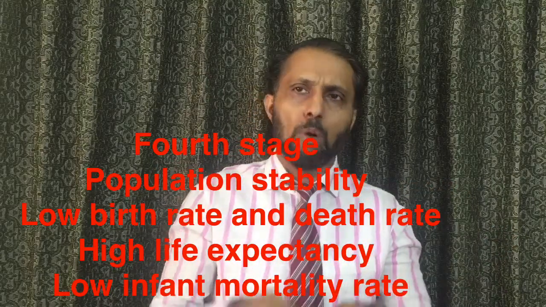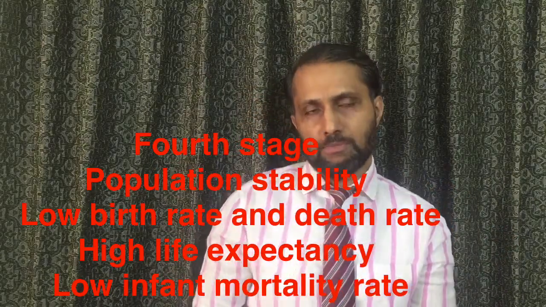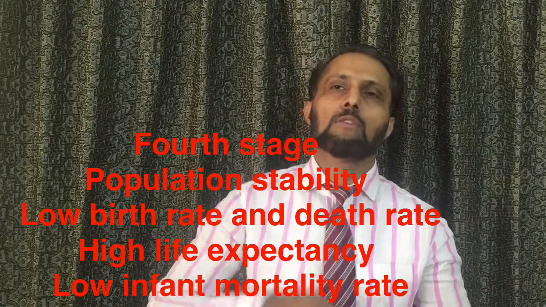One more stage we can add as the fourth stage of demographic transition, that is the population stability stage. It means there is no more population growth. Population is in a stable stage. Because of better health care facilities, birth rate is less, death rate is also less, life expectancy is very good, and infant mortality is very low. In such a way everything is managed, and that stage is known as the population stability stage, or population decline stage.